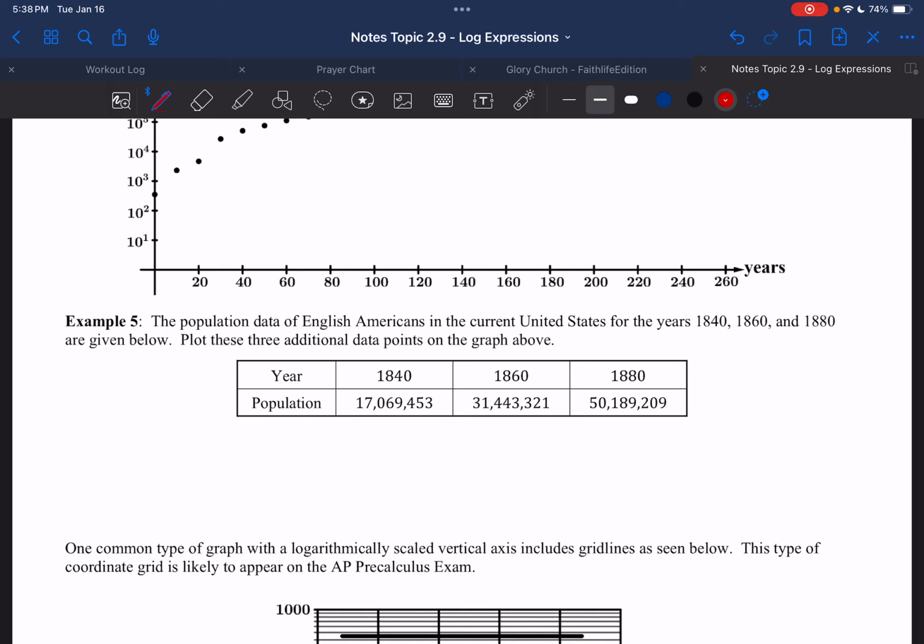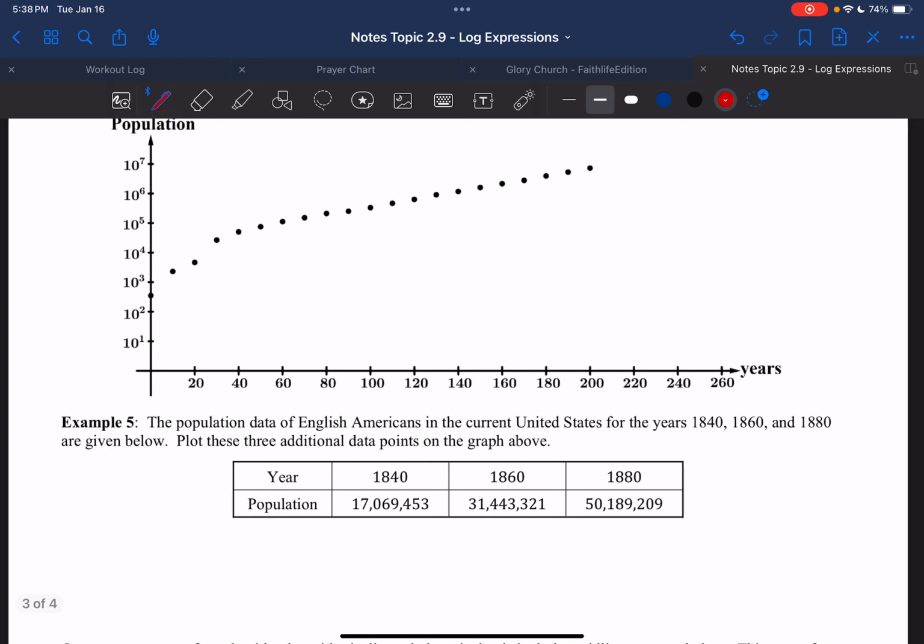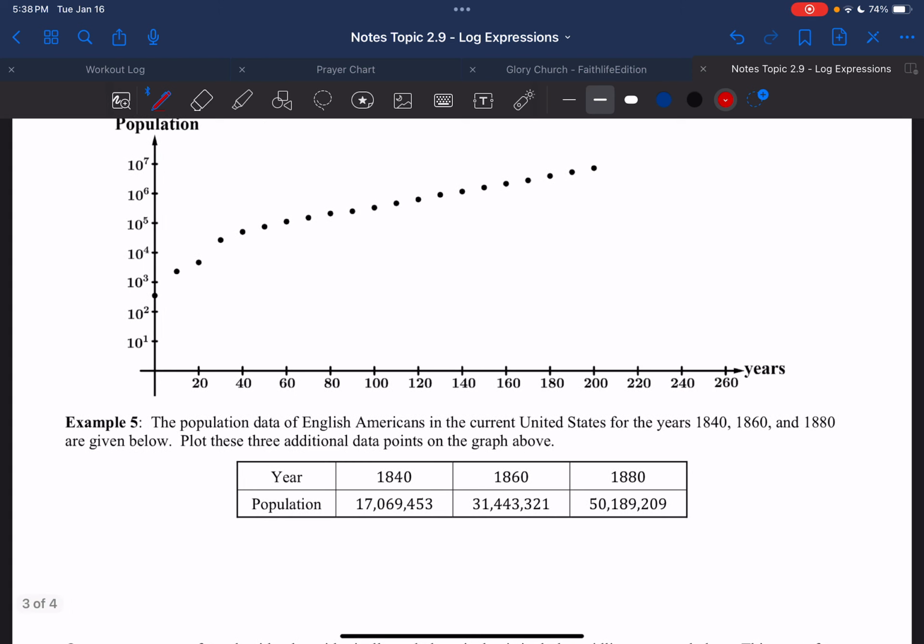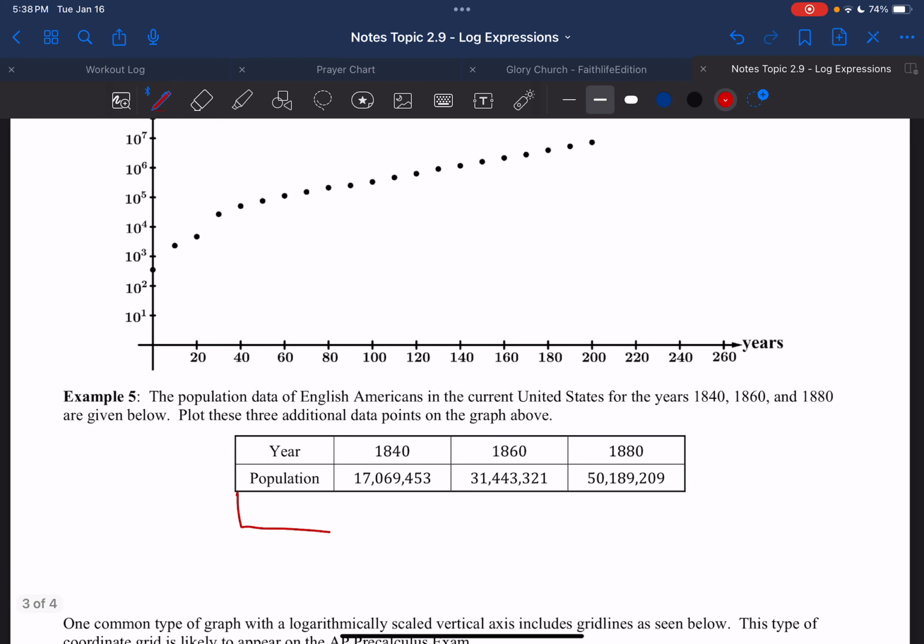Okay, so it wants us to go through and plot these out. And what you can do is add to your chart here. We're going to do a log of the population values.